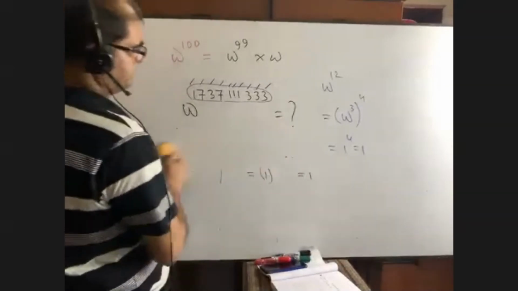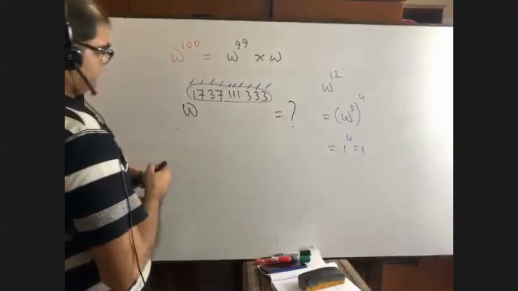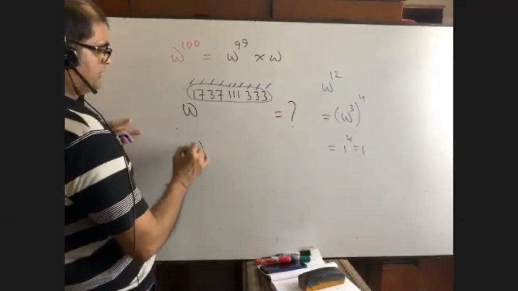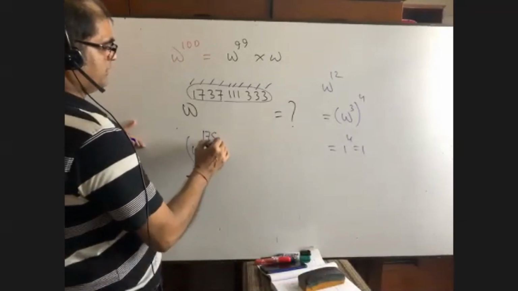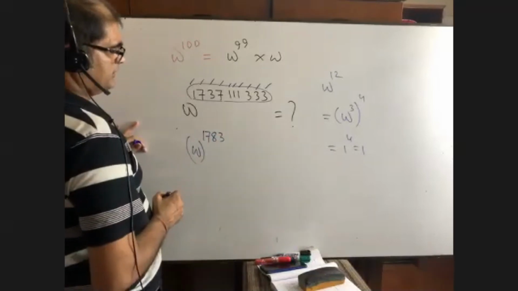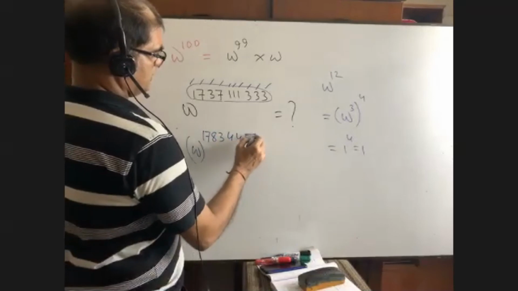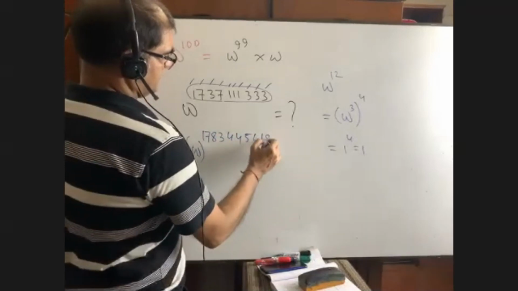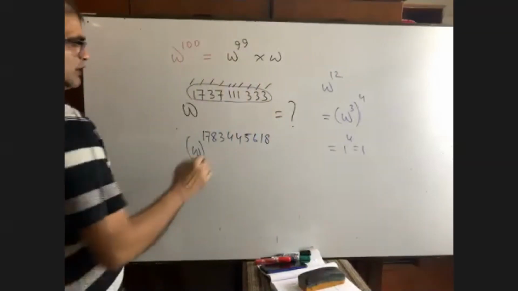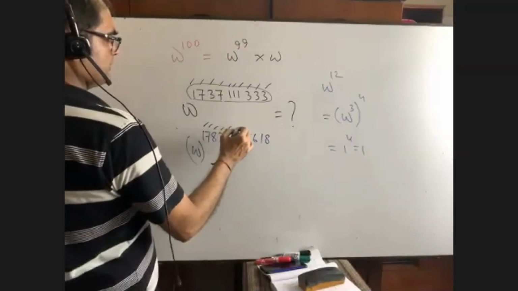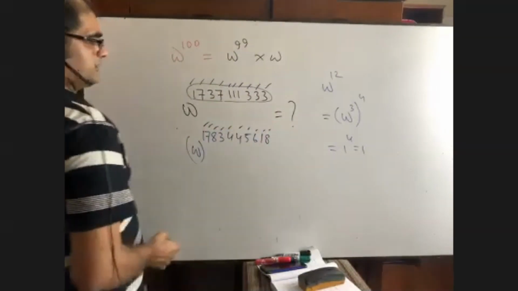1783, 44 44 56, 18 18. Listen to me. Can we add all this? Yes, sir. Add all these digits.